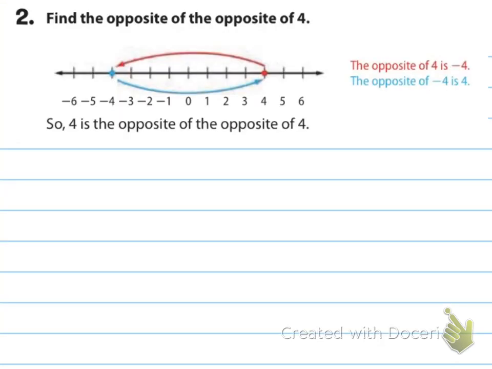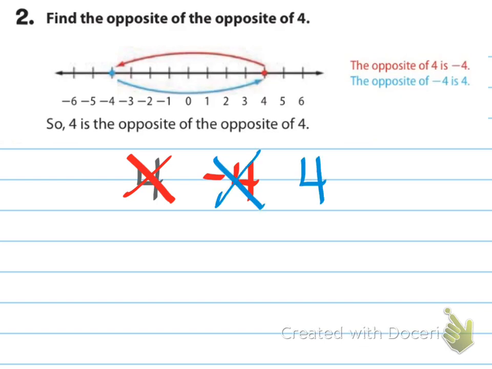All right, so number 2 says find the opposite of 4. And I love how they're doing this. They're saying, okay, the opposite of 4 would be -4. The opposite of -4 would be +4.